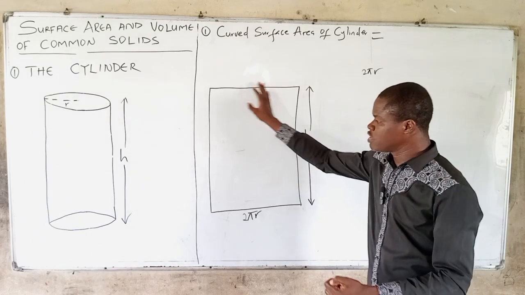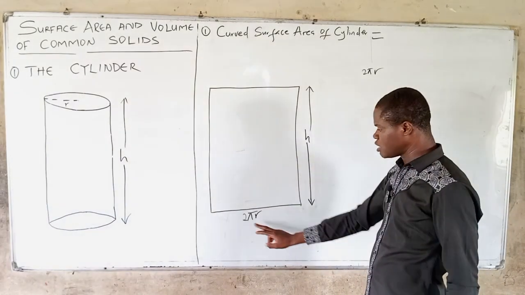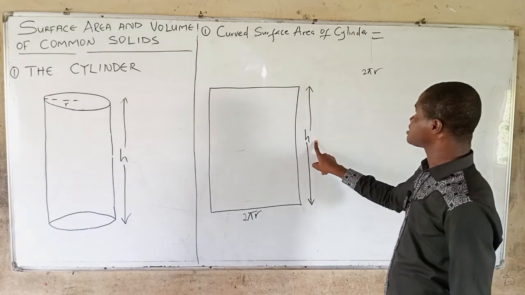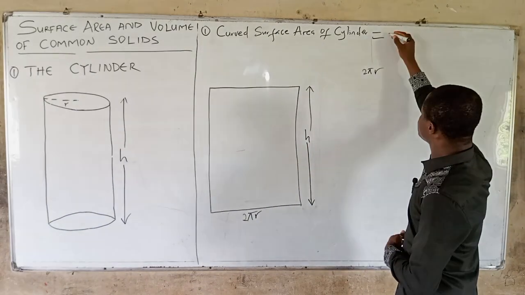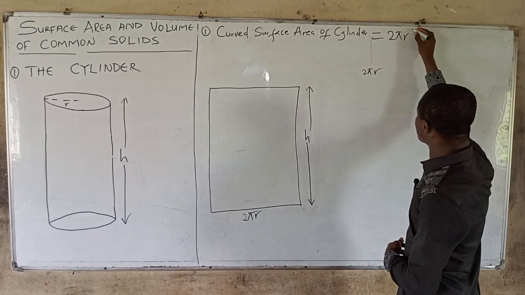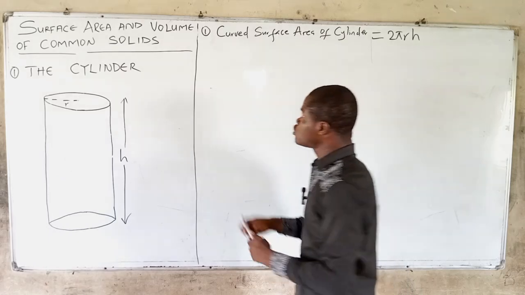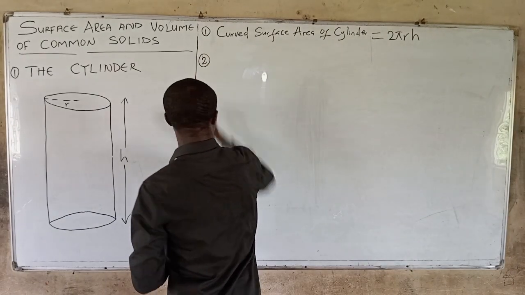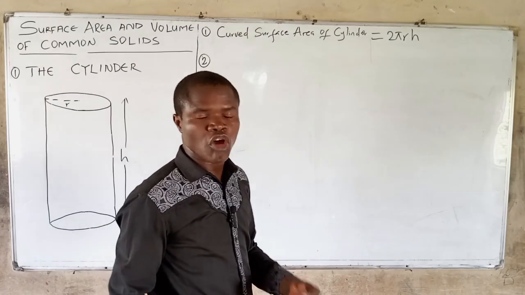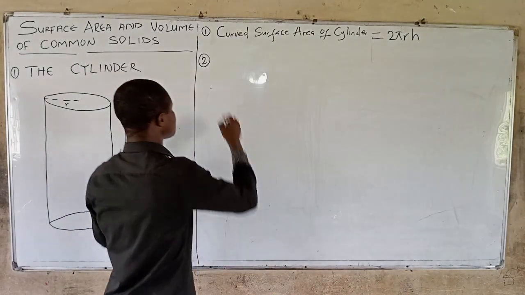So the area of this surface is determined by multiplying these, and that gives us 2πrh. Number 2, you could be asked to calculate the total surface area of the cylinder.